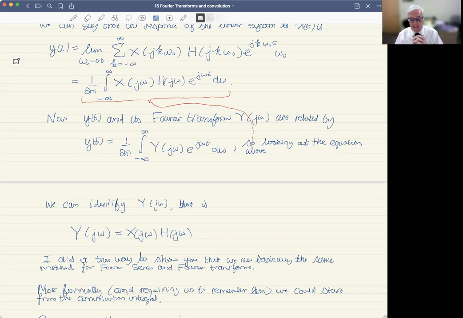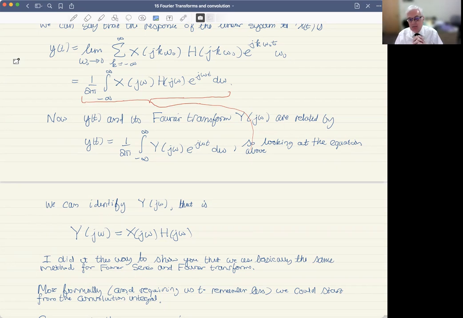So what that means is that we can say that the Fourier transform of the output is equal to the product of the Fourier transform of the input with the Fourier transform of the impulse function. So basically, this is the result that we're going to be using from here on in.